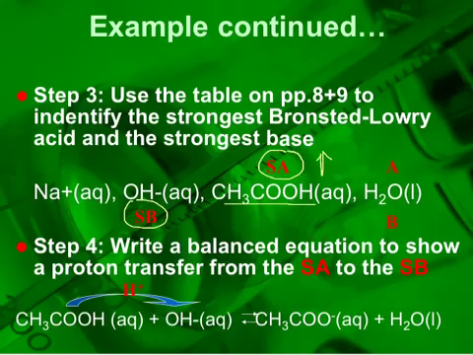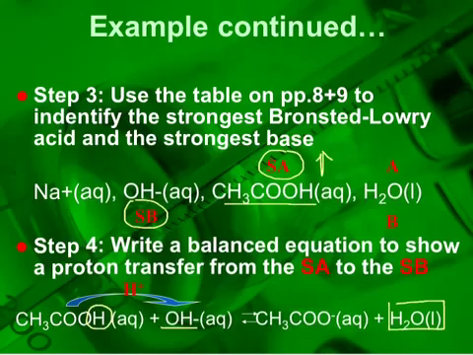Next, we're going to write a balanced equation to show a transfer of proton from the acid to the base. So we've identified that acetic acid will lose its hydrogen to hydroxide, so that you're going to form water. Water is the conjugate acid of hydroxide, and acetate is the conjugate base of acetic acid.